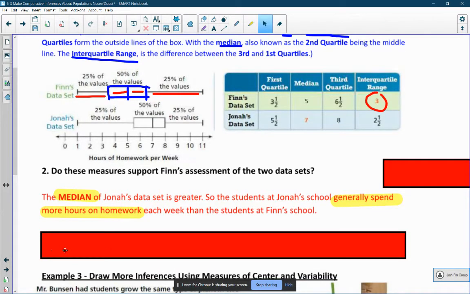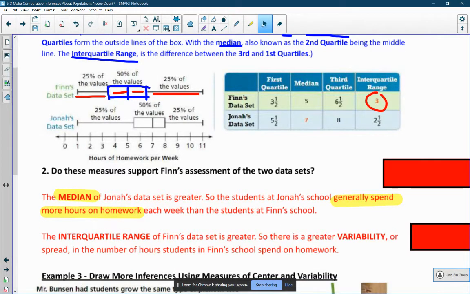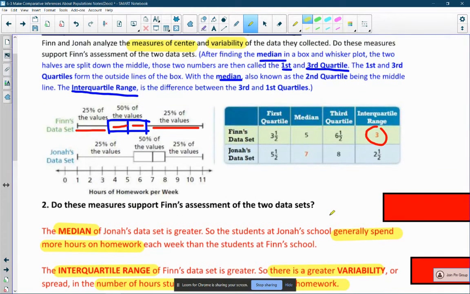Something else: the interquartile range of Finn's data, which was 3, means there's a greater variability, or spread, or more apt to our question, there's a greater difference in the number of hours students in Finn's school spend on homework.